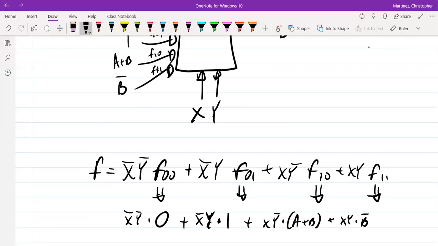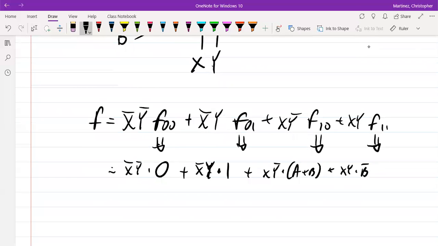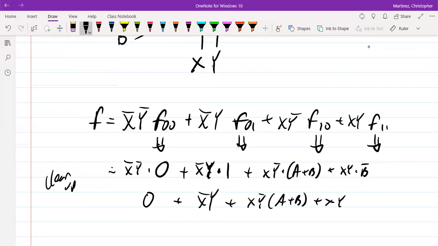Then we can do some cleanup. Anything ANDed with a 0 is a 0. Anything ANDed with a 1 is the same item. And then if we wanted to do one last cleanup, the last cleanup would be a 0 I could just take out. So that would be what that final equation will look like.